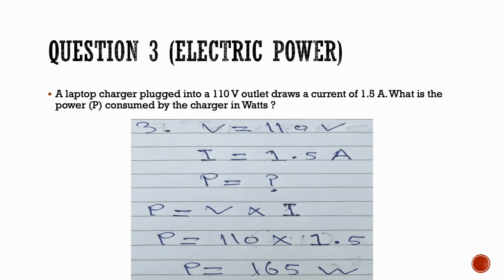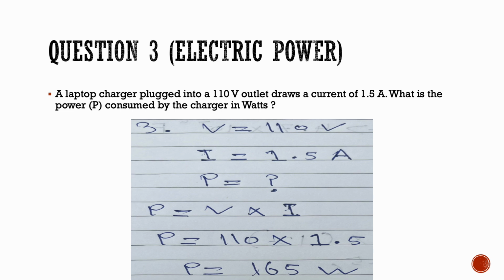This is the last question for this presentation. Question 3, using the electric power formula. A laptop charger plugged into a 110 volts outlet draws a current of 1.5 amperes. What is the power consumed by the charger in watts? We have our voltage of 110 volts, we have our current of 1.5 amperes, and we are trying to find the power consumed by the charger.